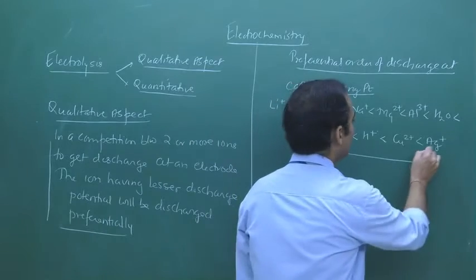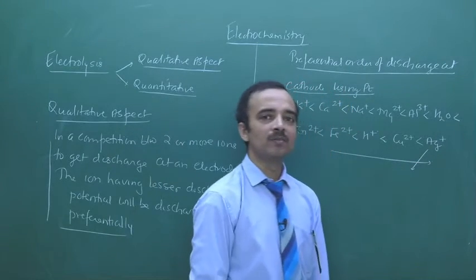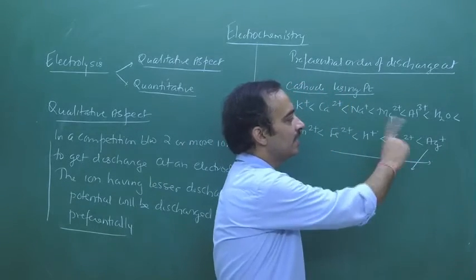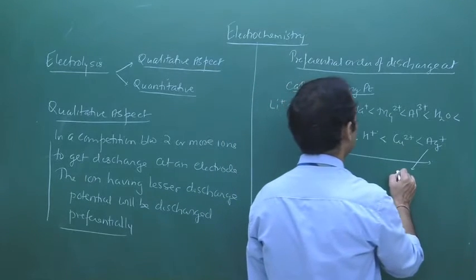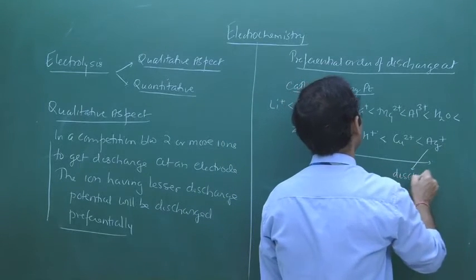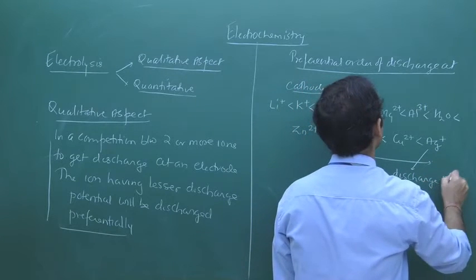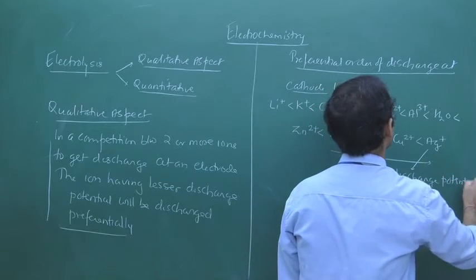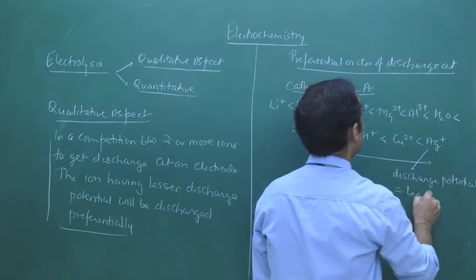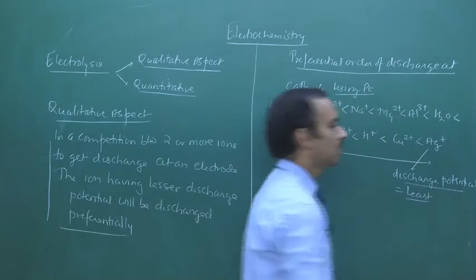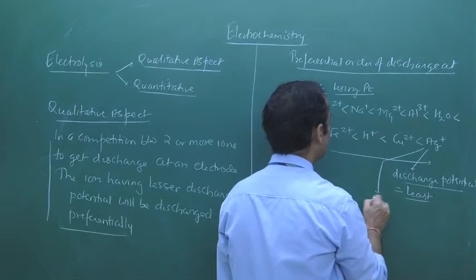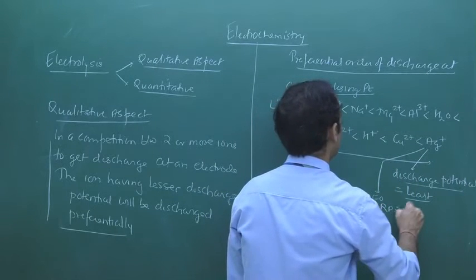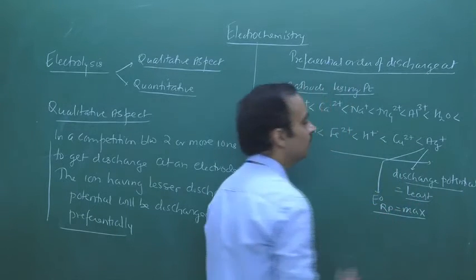You can say in terms of discharge potential, among the given ions the discharge potential of Ag+ is least. Its discharge potential is least. Or you may say its E0 RP is maximum.